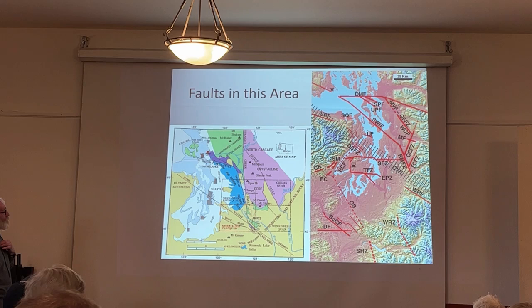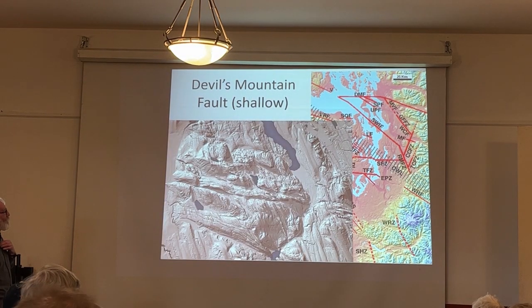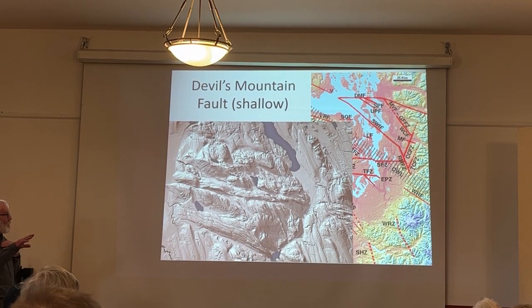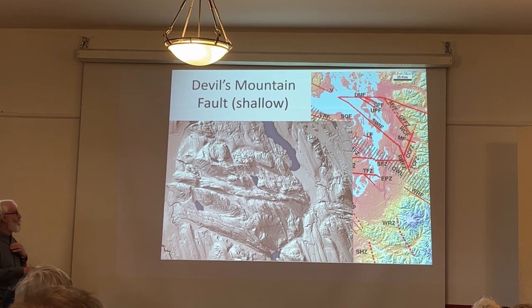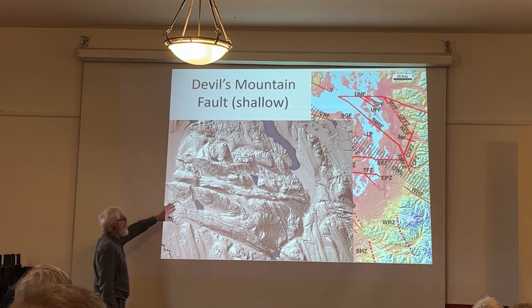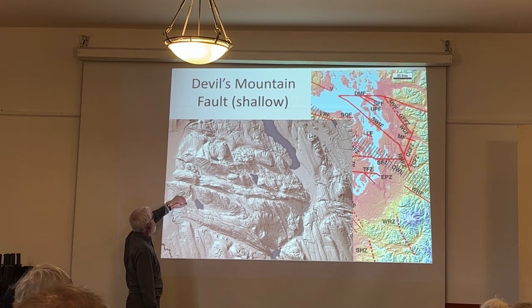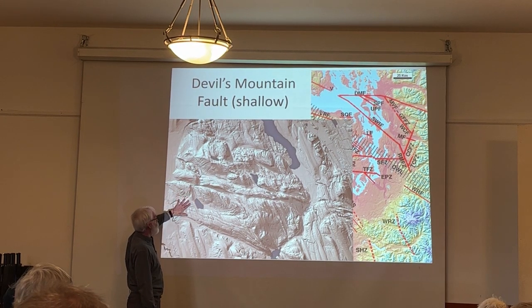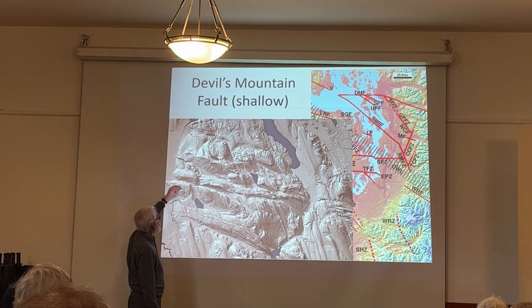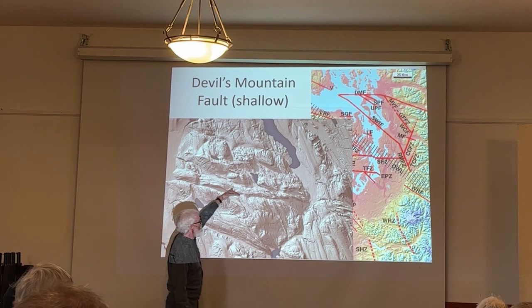Next one, we're going to have to wrap up pretty soon. That Darrington Devil's Mountain Fault. This is Devil's Mountain south of Mount Vernon. It's hard to pick out from the freeway. This is another line item, so you see real representation. This is the fault. It's a deep valley.